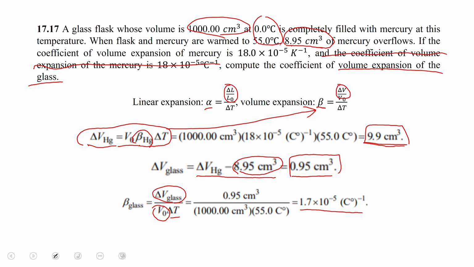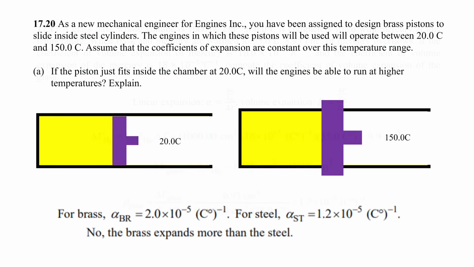So I think these two coefficients, alpha and beta, can tell you some thermal properties of that material. Okay, so let's go to the last question.